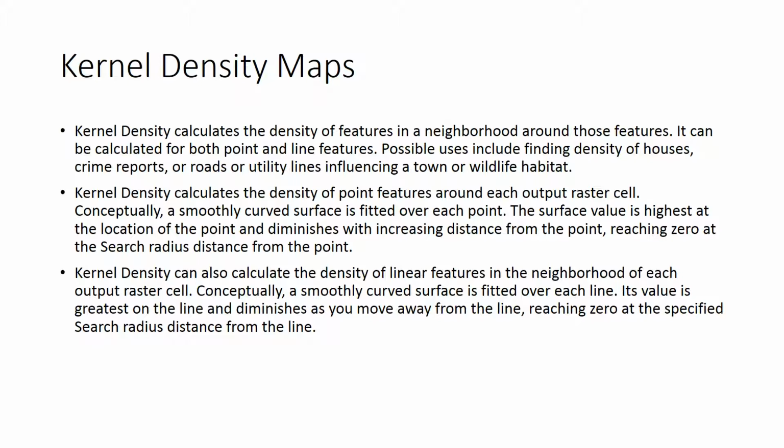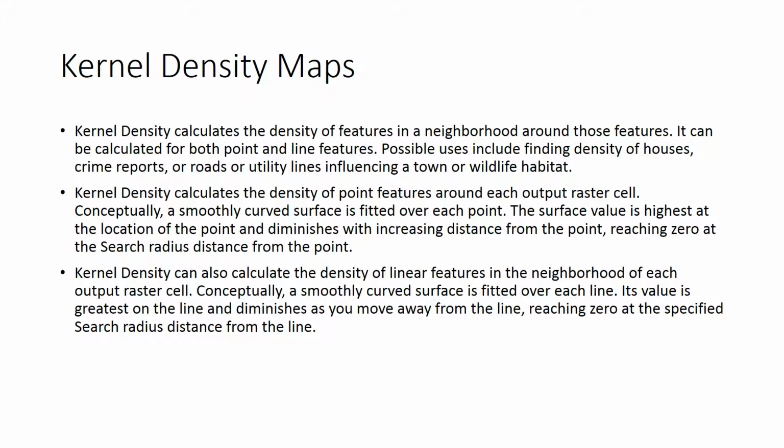Its possible uses would include finding densities of houses, crime reports, in other words, how many crimes happen per area, or roads or utility lines influencing a town, or wildlife habitat. You could look at the density of roads or power lines that move through big-eared bat habitat or something like that. Tons of ways you can use it.